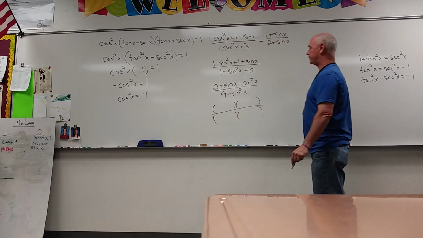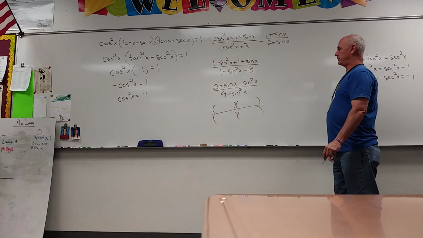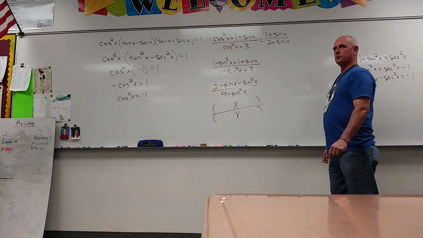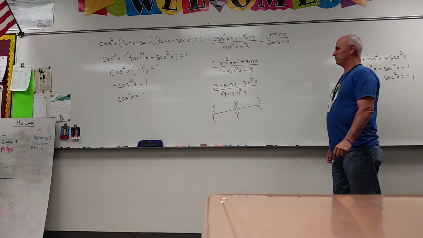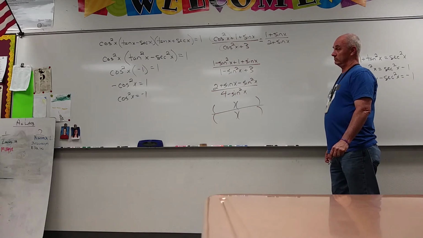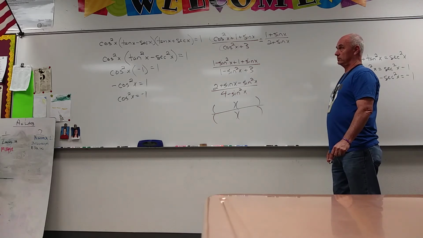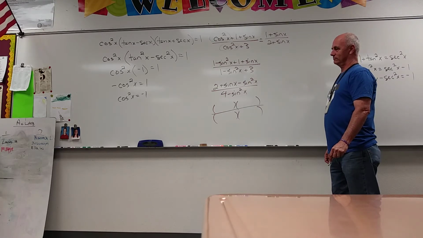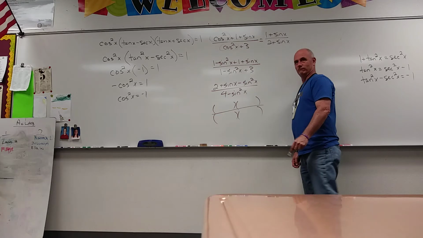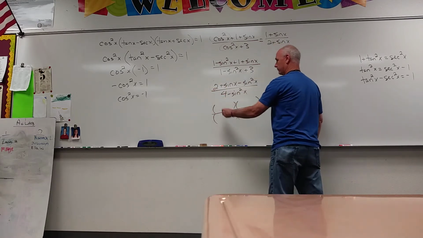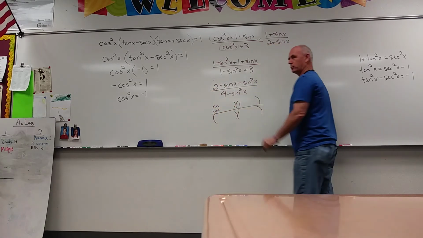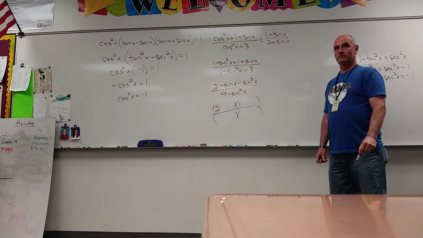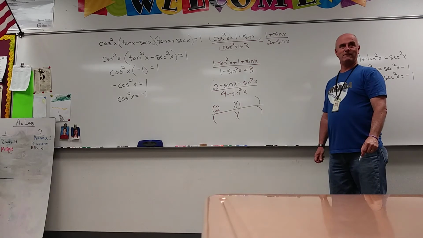Let's talk about the top. Tell me about what's first in each parentheses. Sine x. 2 and 1. 2 and 1. Right? How do we get 2? It's got to be 2 times 1. With me?